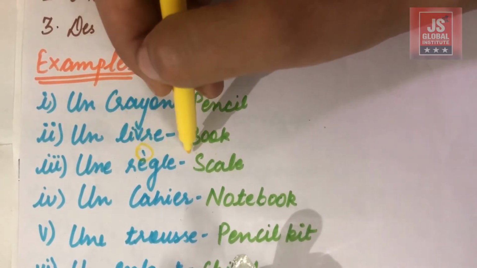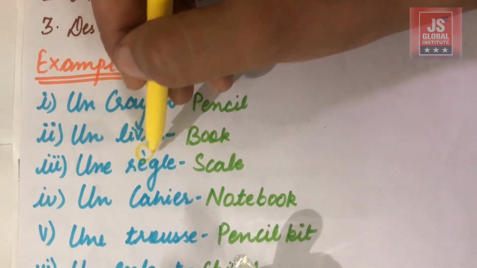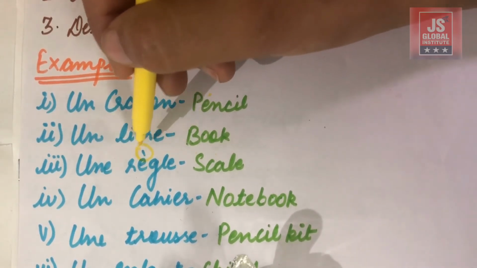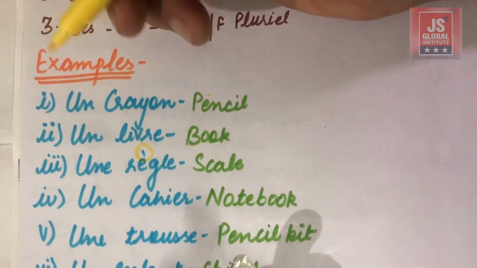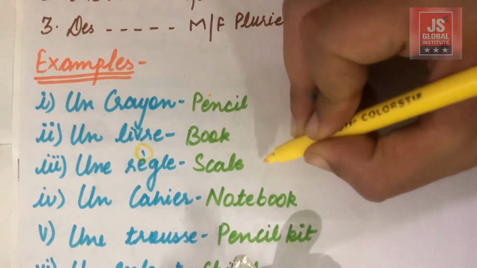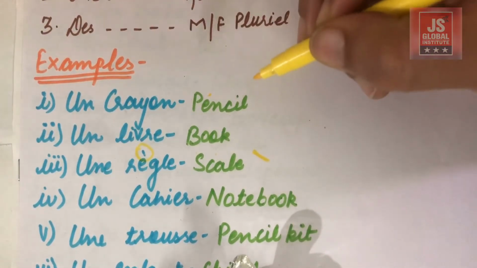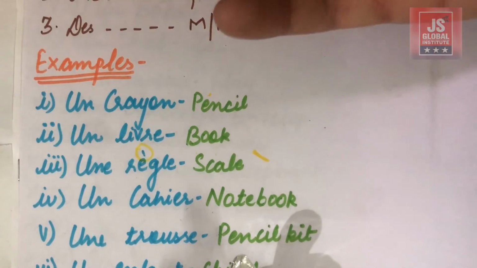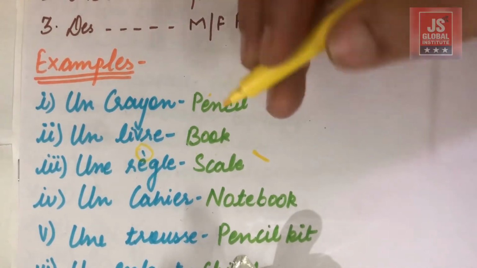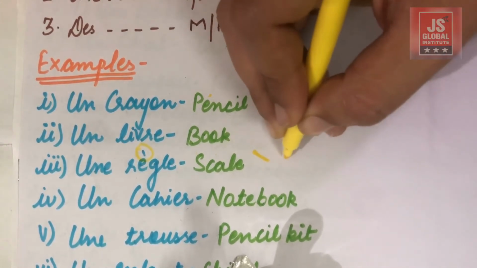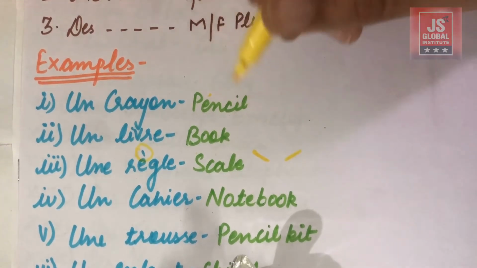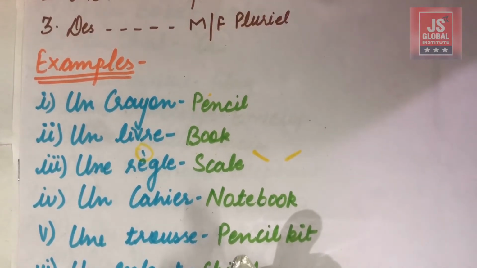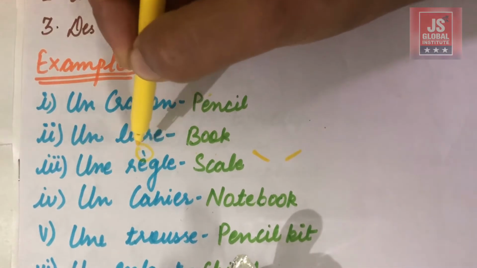Une règle. Right, so this thing that I have circled actually brings out a sound whenever it is represented like this. It represents a sound like a, and whenever this thing is in this direction, it becomes e. So here it is a.